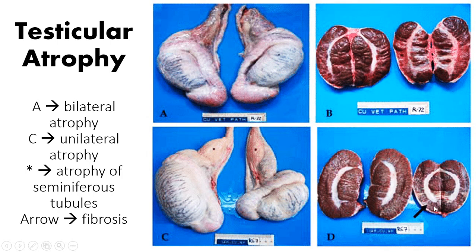However, there are also multiple whitish strands around this part, just like this one, and this is more pronounced compared with the normal one. Okay. However, if we would like to confirm further whether this is true atrophy or not, we should also submit this tissue for microscopic examination or histopathology.